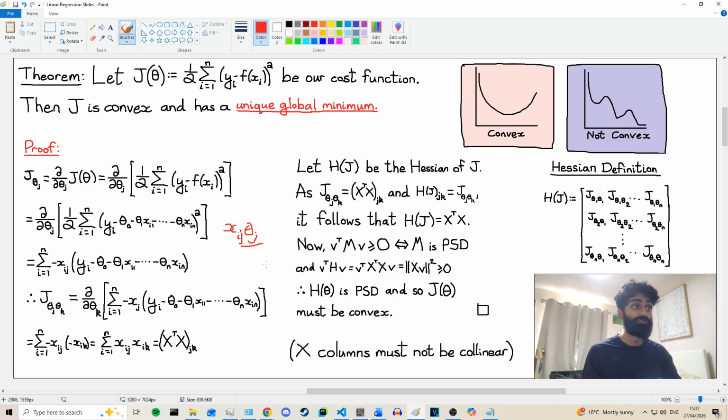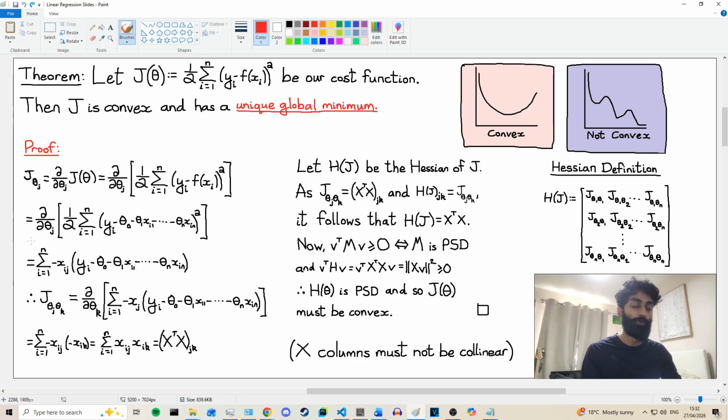And so when you take the derivative, this is the only term that doesn't completely disappear. And just as the derivative of 6x is just 6, the derivative of xij theta j with respect to theta j is just xij. But because we're negating, there's a negative sign as well, so it's minus xij.